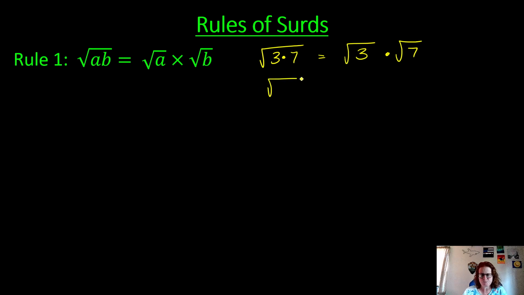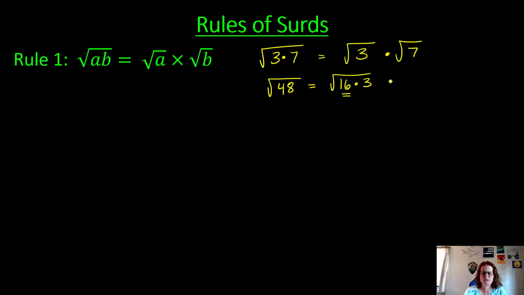For example, if I have the square root of 48, I can break this down into 16 times 3. 48 is the same as 16 times 3. This is a perfect square, and we're going to do this in the next lesson.